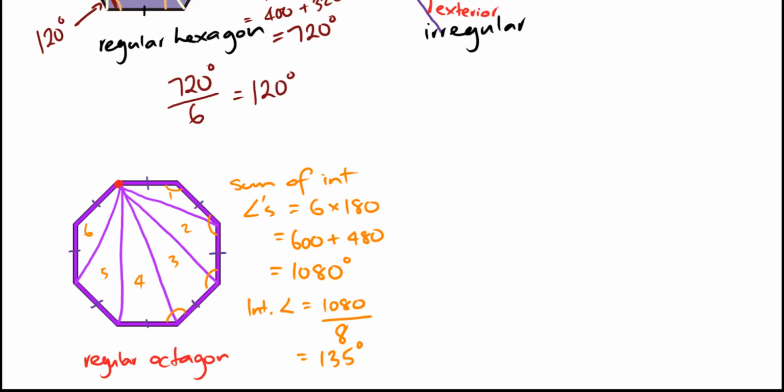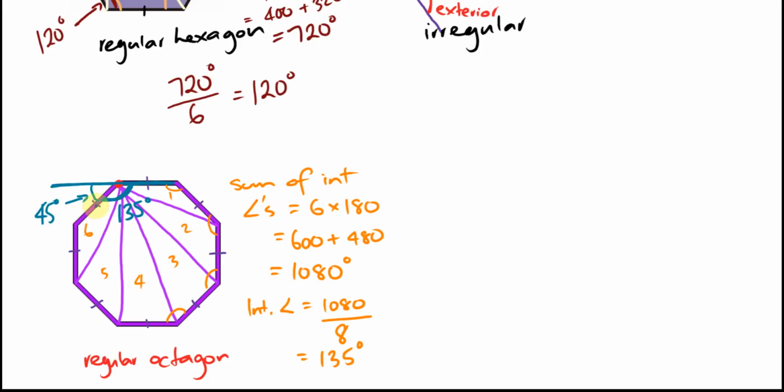Now let's extend out one of the sides. So if I'm looking at this side here, I'm going to extend it out this way. I do know that the interior angle is 135 degrees, which means the exterior angle, because this is a straight line here, if that's 135 degrees, then that angle there, to make up to 180 degrees, because angles on a straight line add to 180, will be 45 degrees.